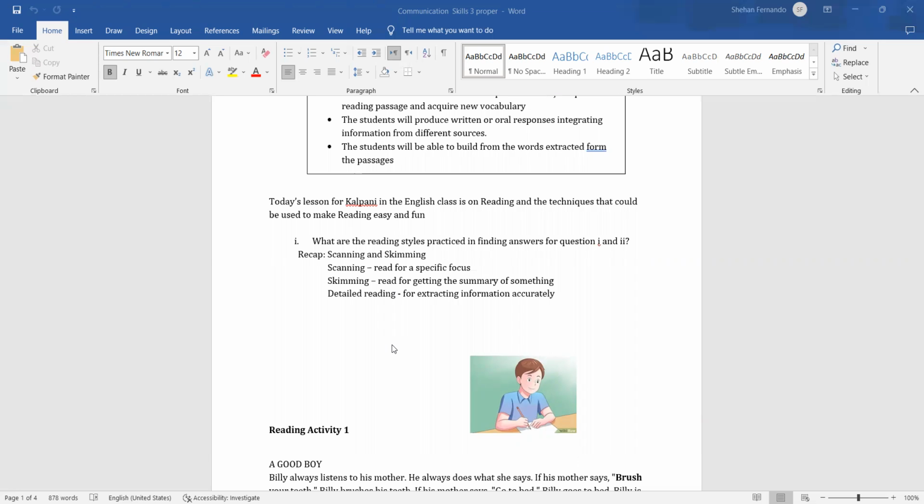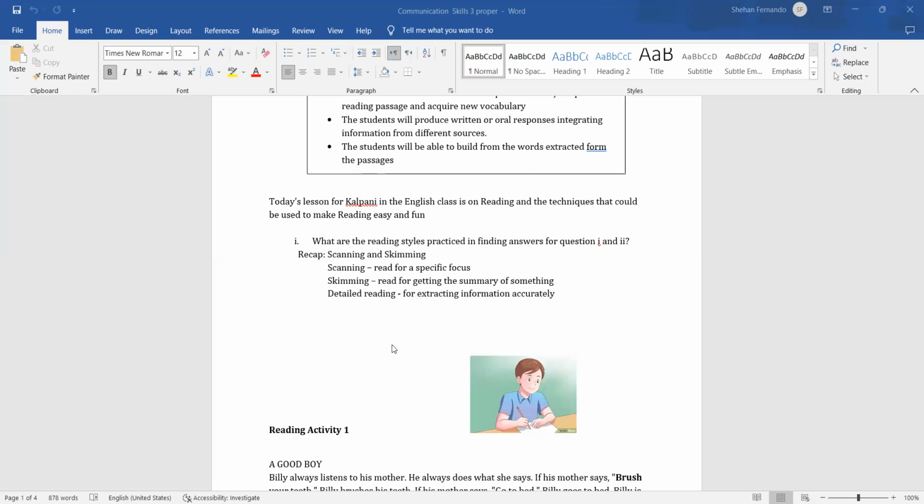Scanning means we are reading for a specific focus. Let's say we want to find out about the job market. We only scan that particular area and read it. And skimming is reading to get the summary of something. We quickly go through the passage and get the summary.